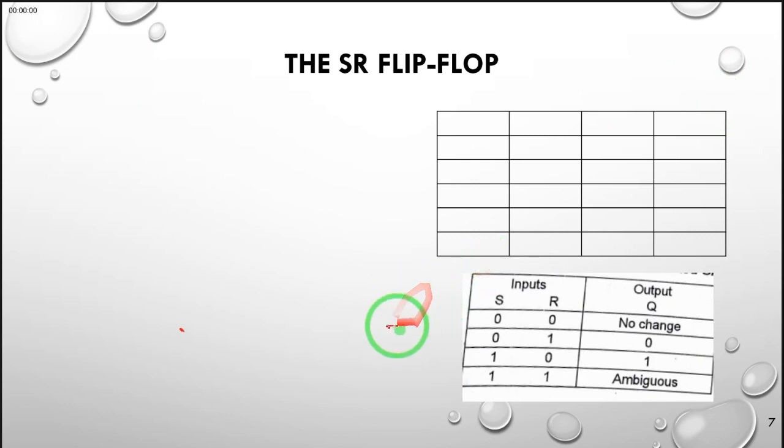We have said that when S is 0, R is 0, there is no change in the output. When S is 0, R is 1, the next state will be a 0; with S 1, R 0, the next state is 1; and with 1, 1, this is called ambiguous, and therefore we never use that state. That for us is an unclocked flip-flop.